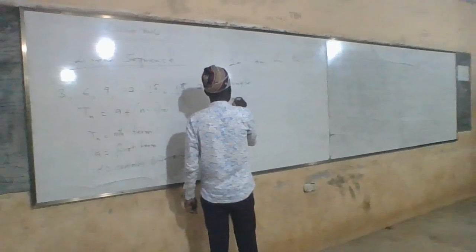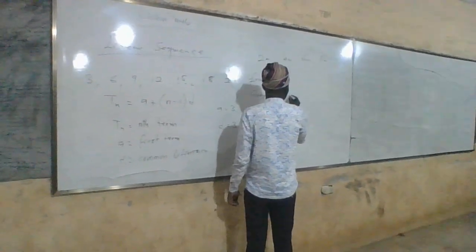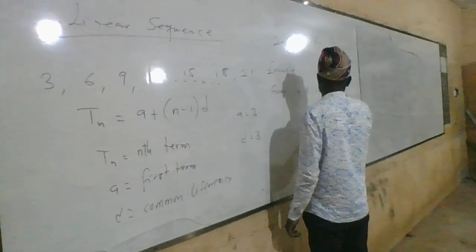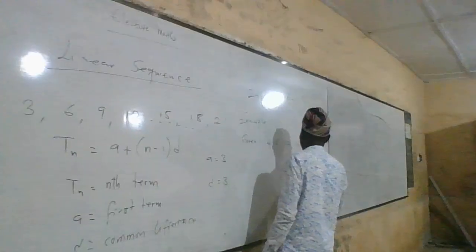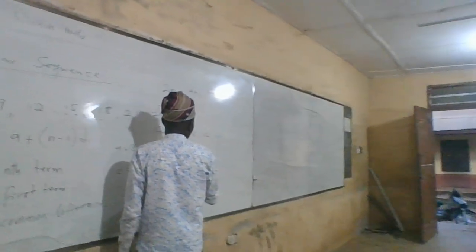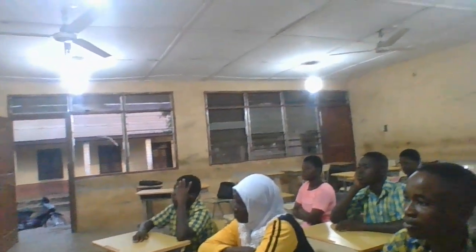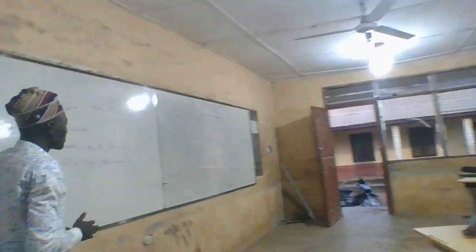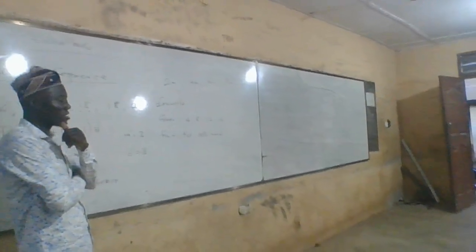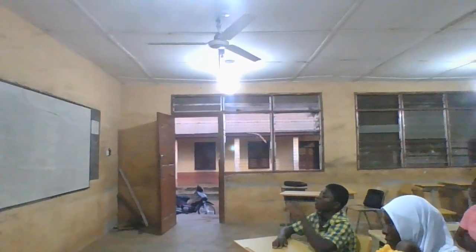So let's take a look at this. Given 4, 8, 12, 16, and it continues, that we find the 10th term of the linear sequence.